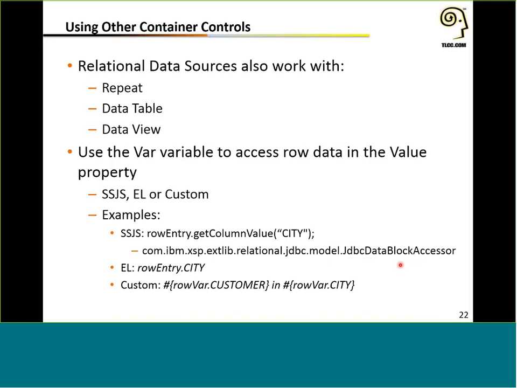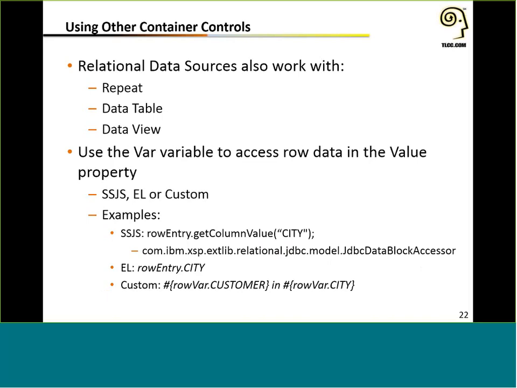And that has a get column value method that we're going to use to get the actual data if we were using server-side JavaScript. So if you wanted to use the value and then do some computation or some other lookup or something else in server-side JavaScript, you can do that. If all you're doing is displaying the data, use the expression language or the custom because it works much quicker than using the server-side JavaScript.